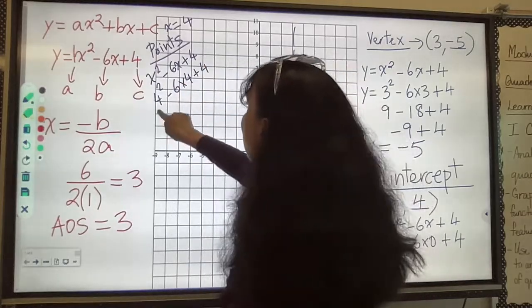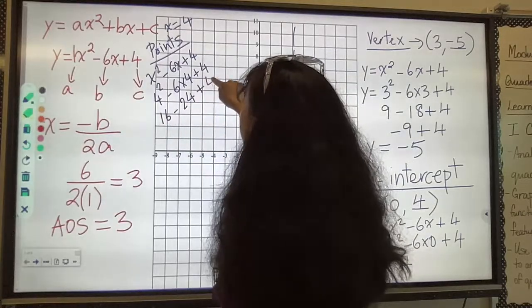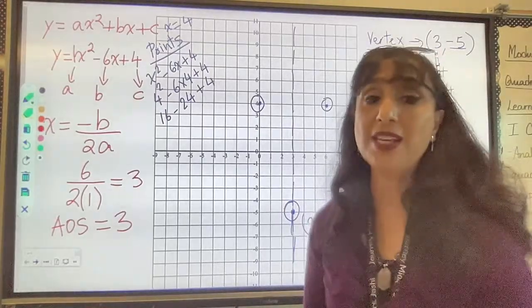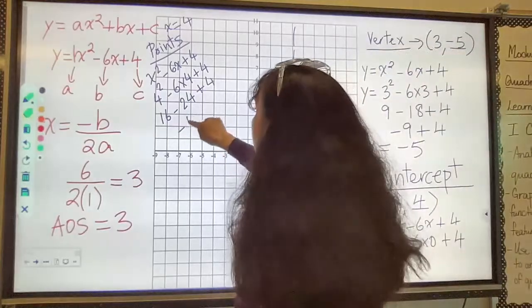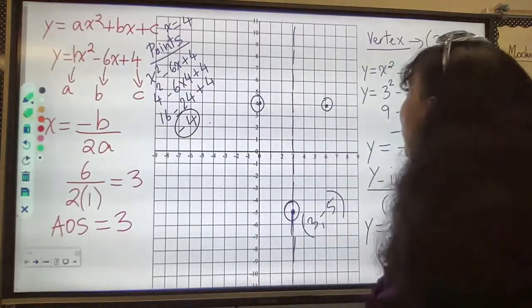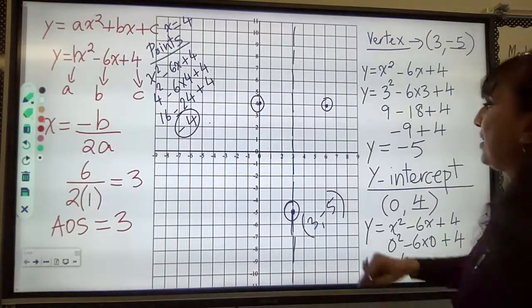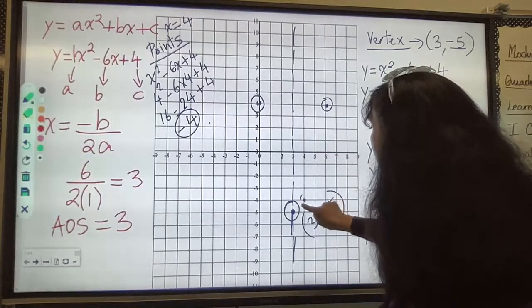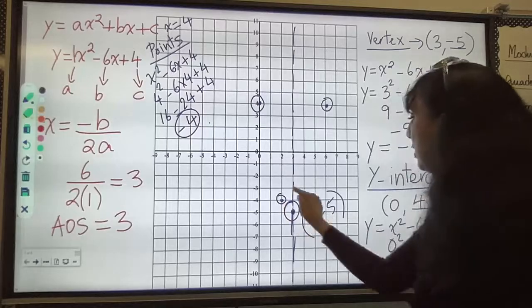And 4 squared is 16 minus 24 plus 4. Right? And so 16 plus 4 is 20, and 20 minus 24, I get negative 4. Okay? So now I see if x is 4, y is going to be negative 4. So if this is here, one more over here, this is going to be the other side.